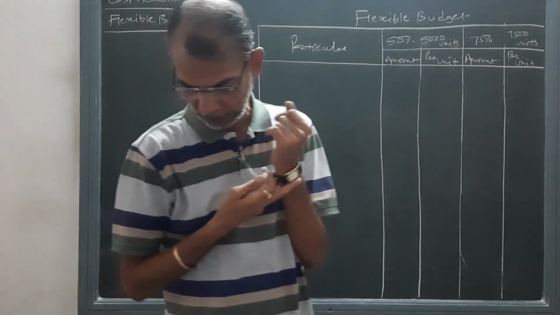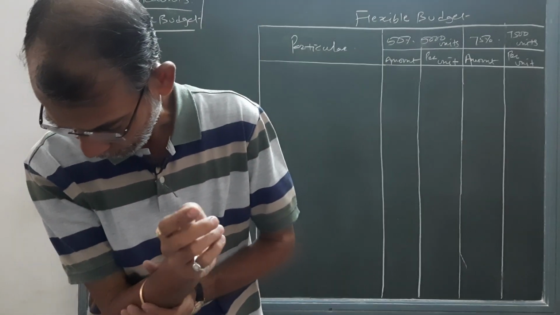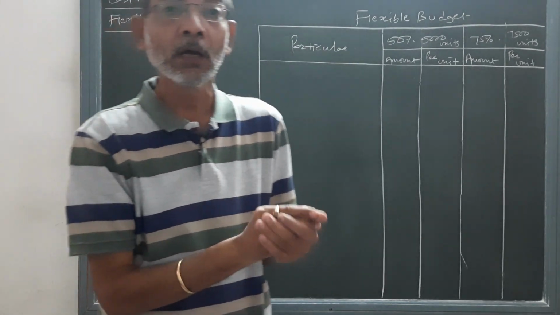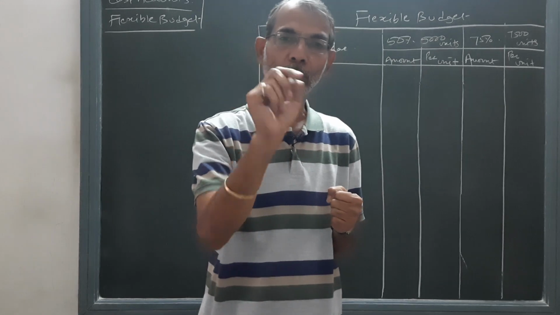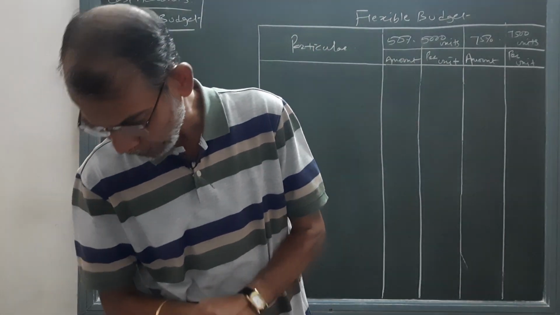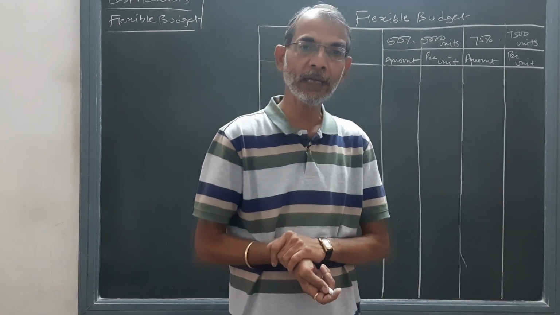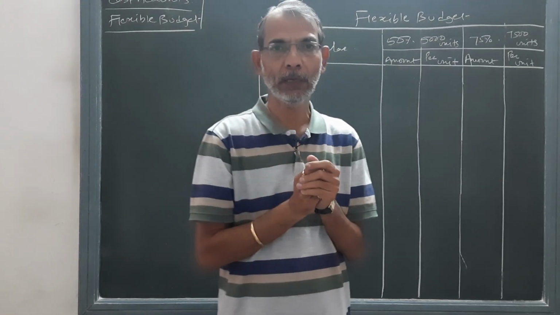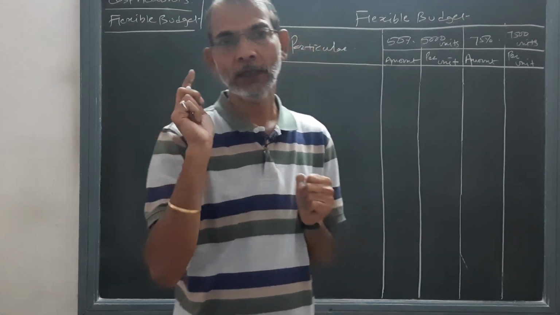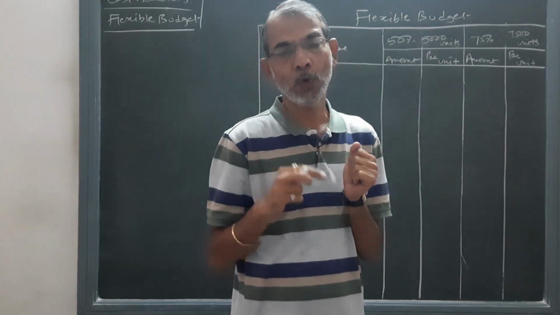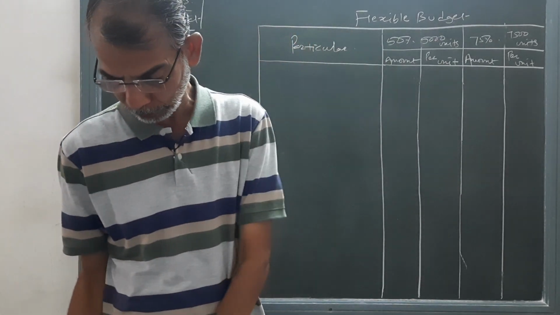But as you can see, material and wages are totally variable, 100% variable, but factory overheads, administrative overheads and selling and distribution overheads are semi-variable. There is a hidden adjustment in that, which I will show you how to solve.